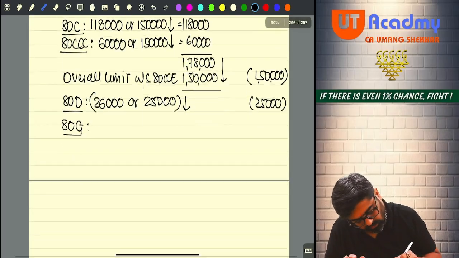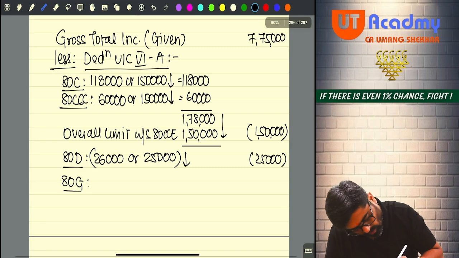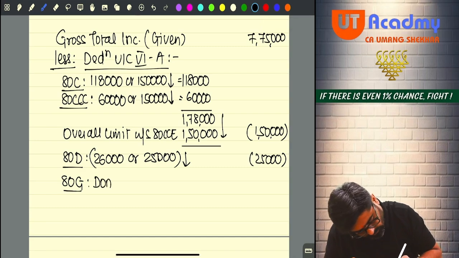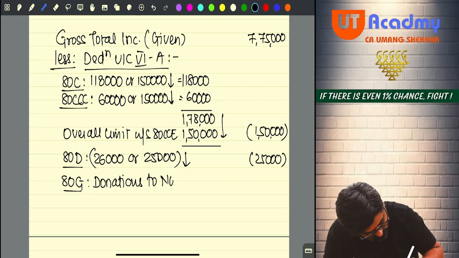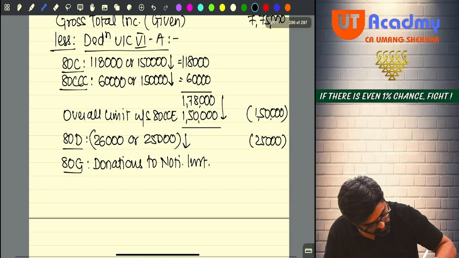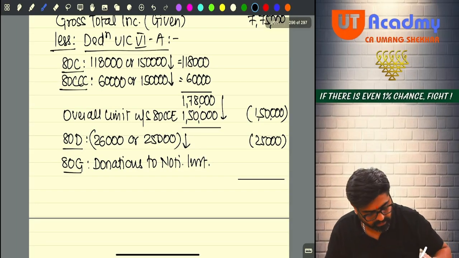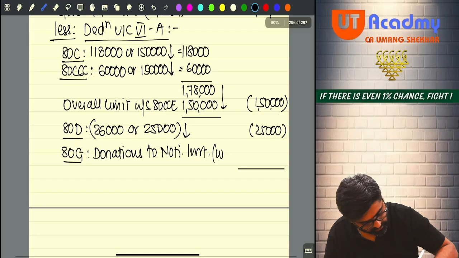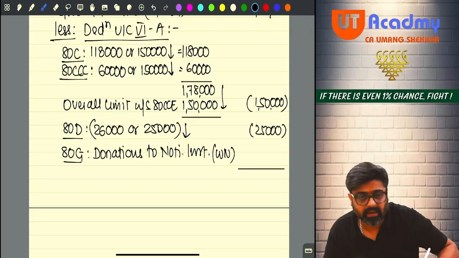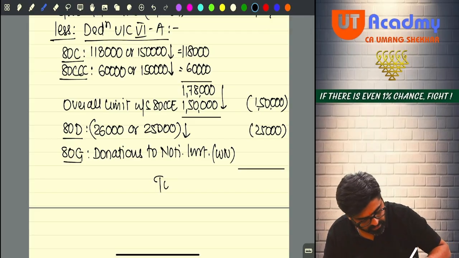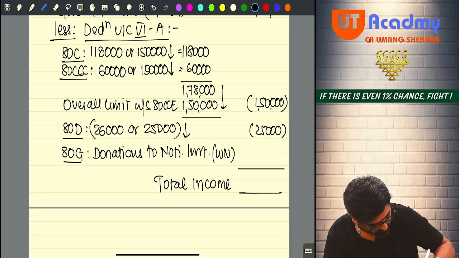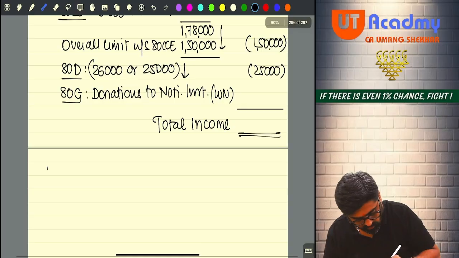Now you will say donations to notified institutions. So this deduction will be calculated in a working note, right? After claiming this deduction, whatever remains will be my total income. Sure sir. So now, the working note.